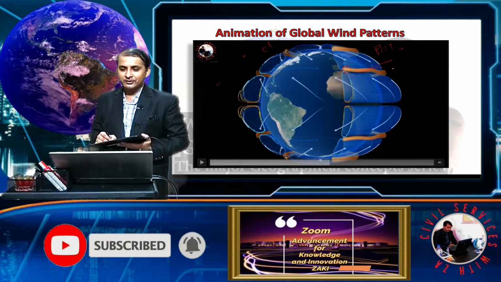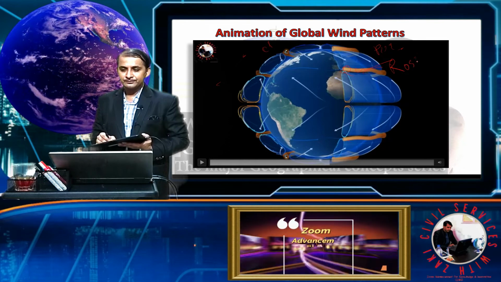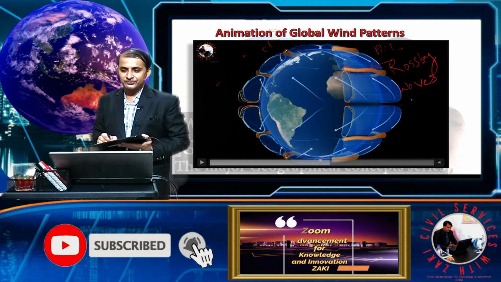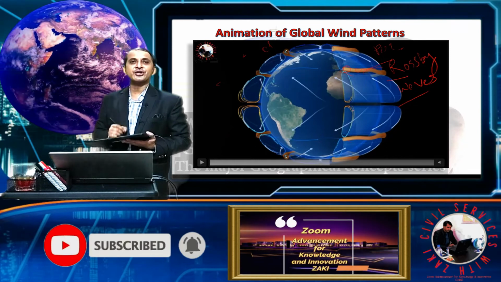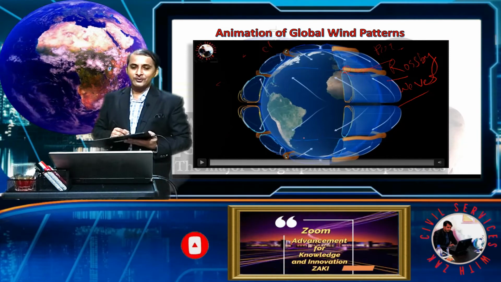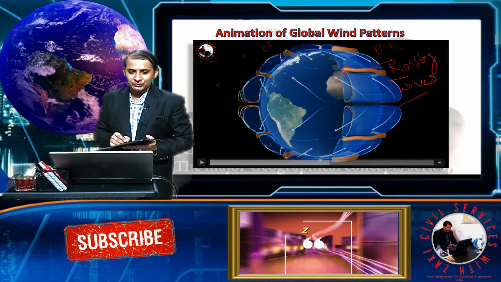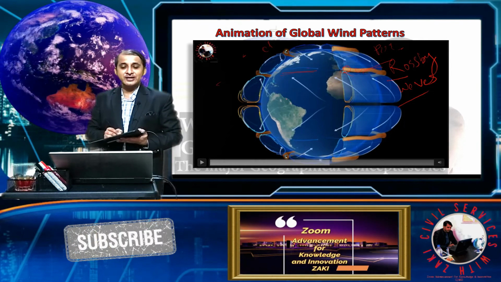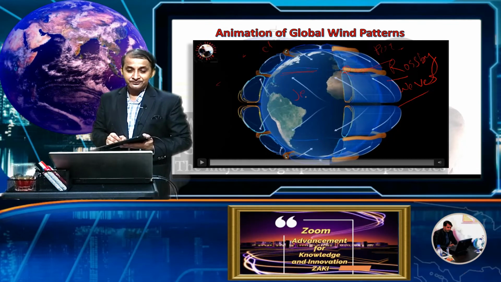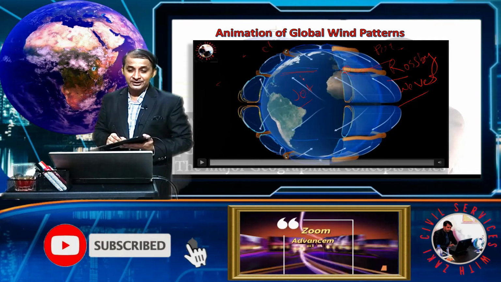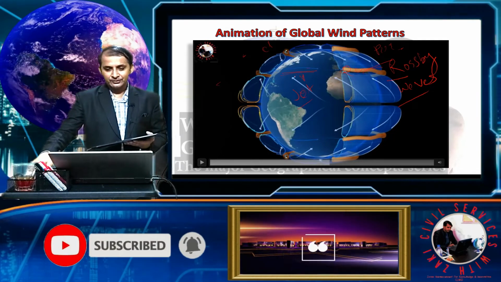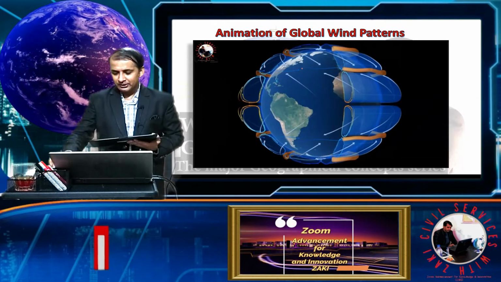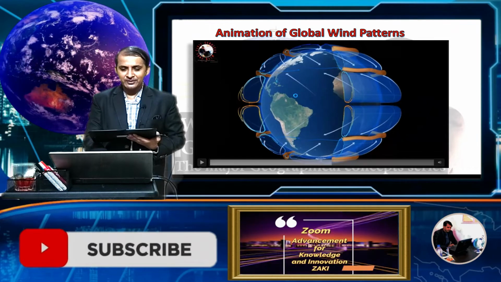It is called Rossby waves. These wave-like structures are called Rossby waves, and you see here fast blowing wind. These winds are called jet streams. These are Rossby waves, and these are jet streams. So see the animation.